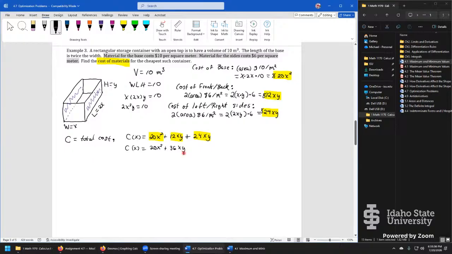Well, just like that last problem, we also have another issue. We have a function of x, but there's a y variable here. It's okay because the constraint of volume must be 10 cubic meters will allow us to solve for y. So we can come back here, divide by 2x squared, and y would be 5 over x squared.